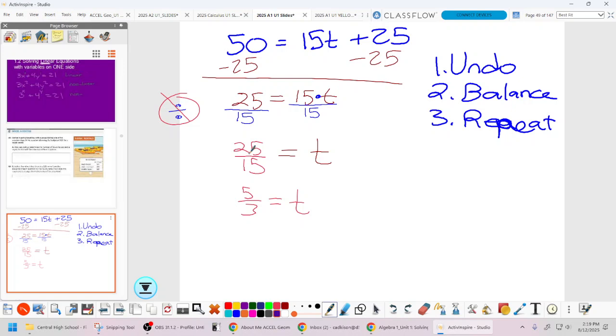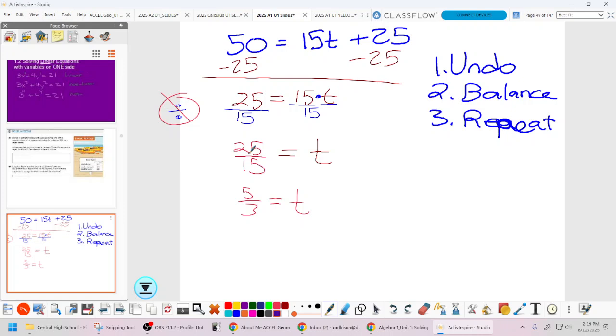Okay, I want you to notice a couple things in the way we talk through this. Notice everything is focused on the variable. Everything we did started with that side. We got rid of 25, we got rid of 15, and then everything we did to the other side was just to balance. We never started over here and worked toward the variable. Does that make sense?